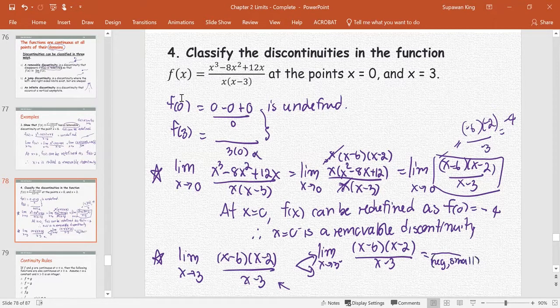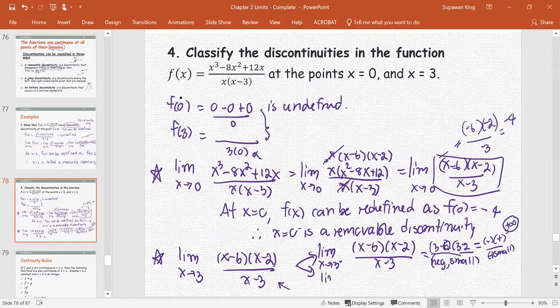Replacing x with 3 in the numerator, we get (3 - 6) times (3 - 2), so the numerator is negative for the first term and positive for the second term. The denominator is a negative term, but very, very small. So overall, the quantity becomes positive but very large, or positive infinity.